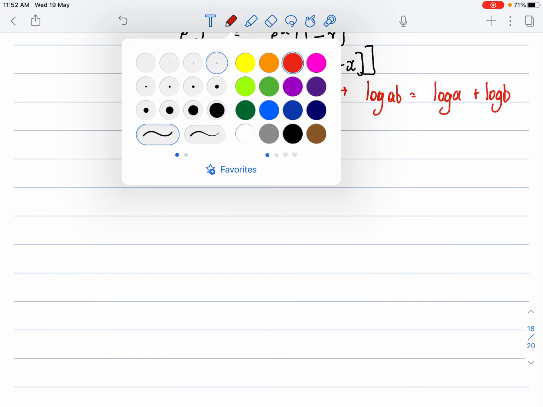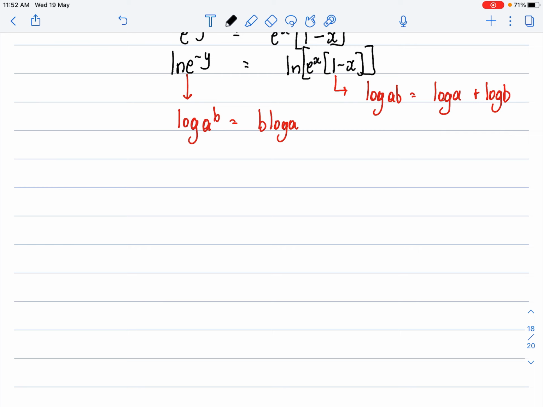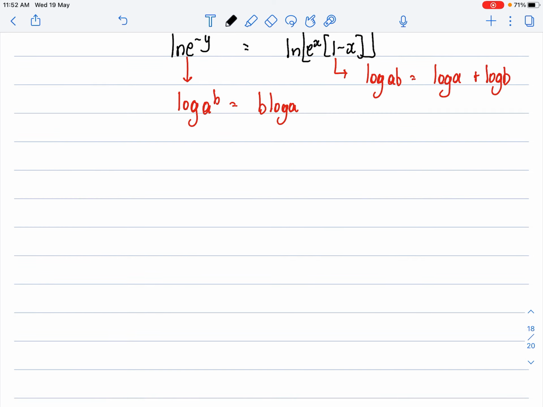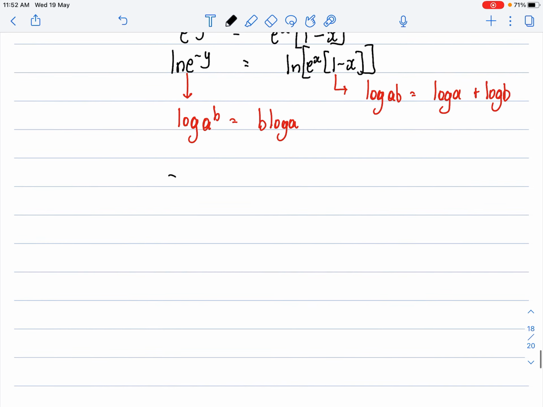So using both these properties, I can write this as minus y into ln e equals ln e raised to x plus ln of 1 minus x.